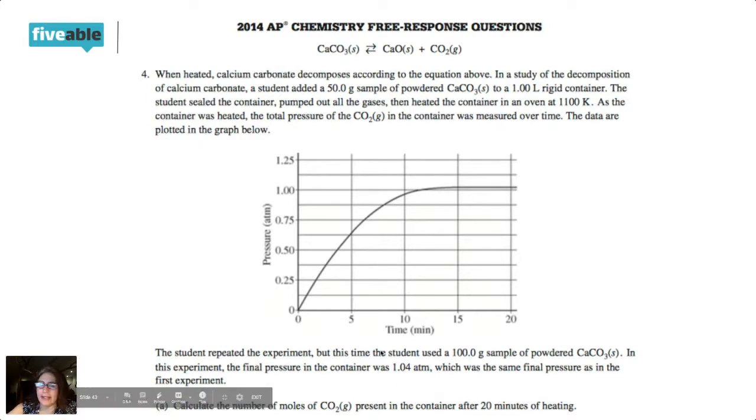So letter A says to calculate the number of moles of carbon dioxide present in the container after 20 minutes of heating. How would you solve this question? How would you get the number of moles?